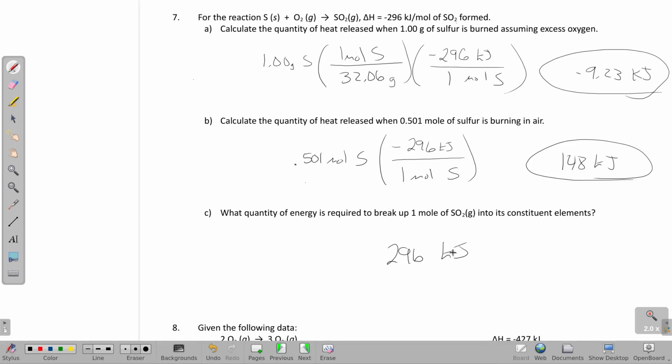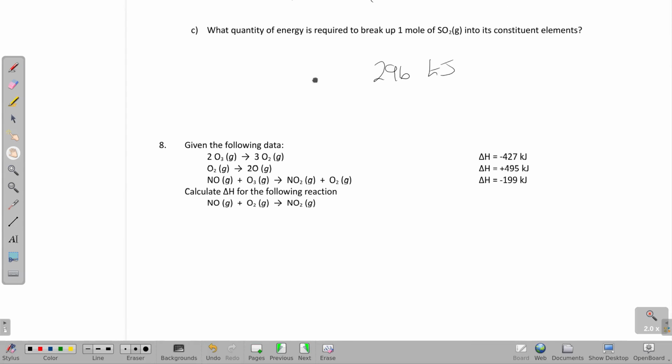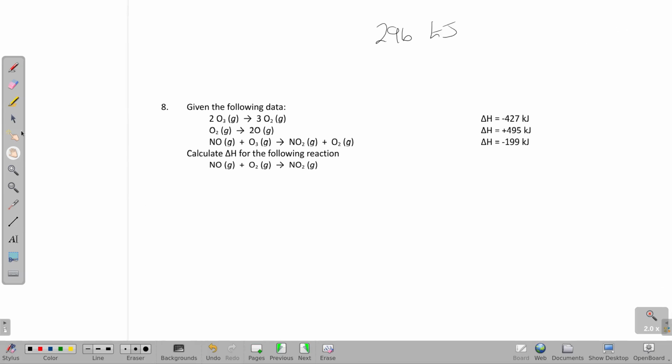Alright, last question, probably the toughest one on here because we are going to need to rebuild this equation using these three equations. I'm going to number these equations up here as 1, 2, and 3. What we're going to do is rebuild this by manipulating these equations.